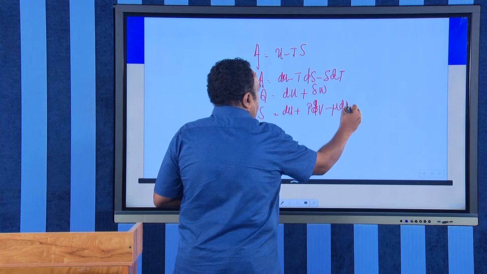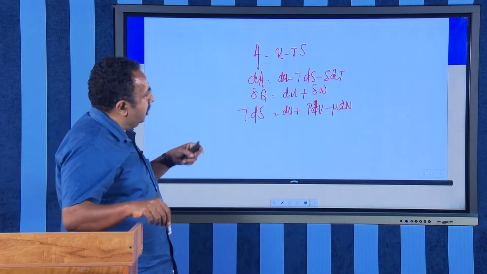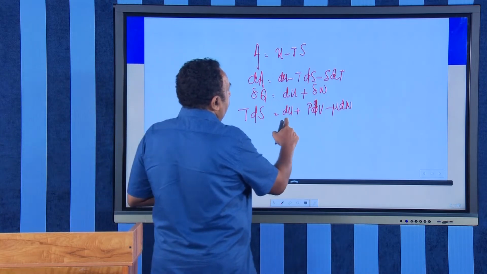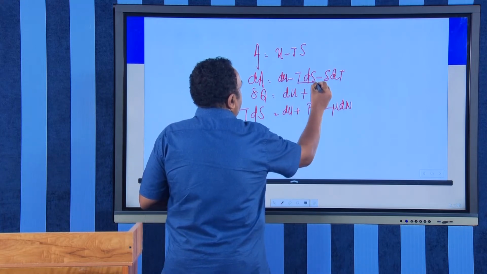PdV is the mechanical work, or the work done to increase the volume, and mu dN is the work done to remove particles from the system. Therefore, TdS is equal to dU plus PdV minus mu dN, and this I will substitute here.